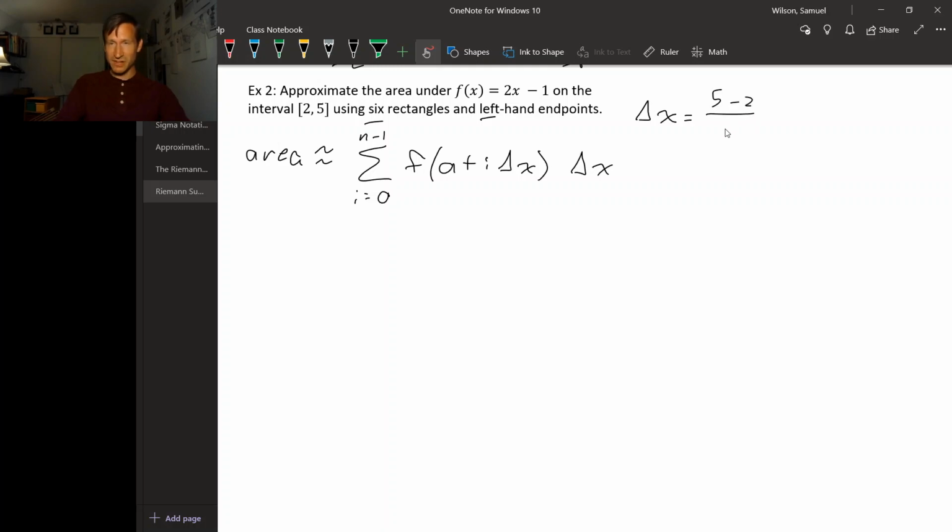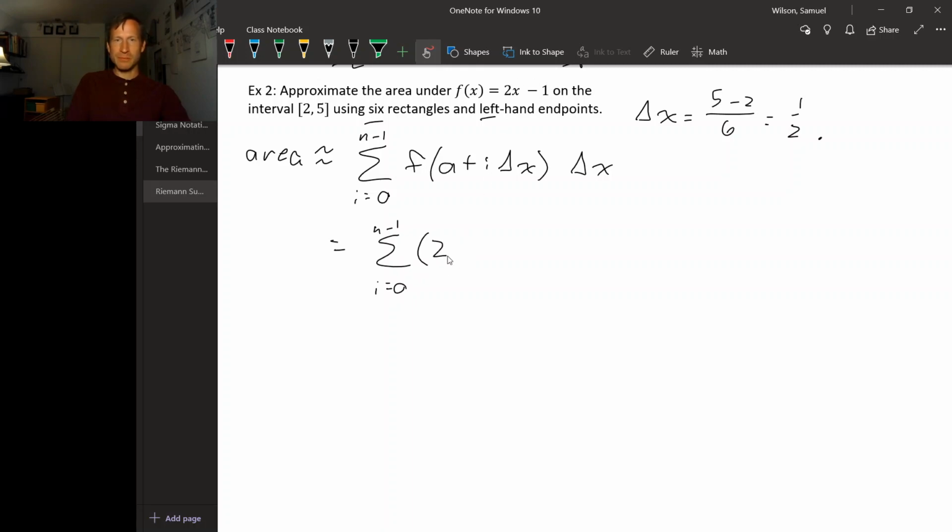Now delta x is b minus a over n, so that's 5 minus 2 over 6, and this gives us a half again. I've worked it out so that we get delta x to be a half because things can get really messy if delta x is too messy. So I'm making it so it's not too messy. All right, so this gives us the sum from i equals 0 to n minus 1 of f, and f is the function that multiplies by 2 and subtracts 1.